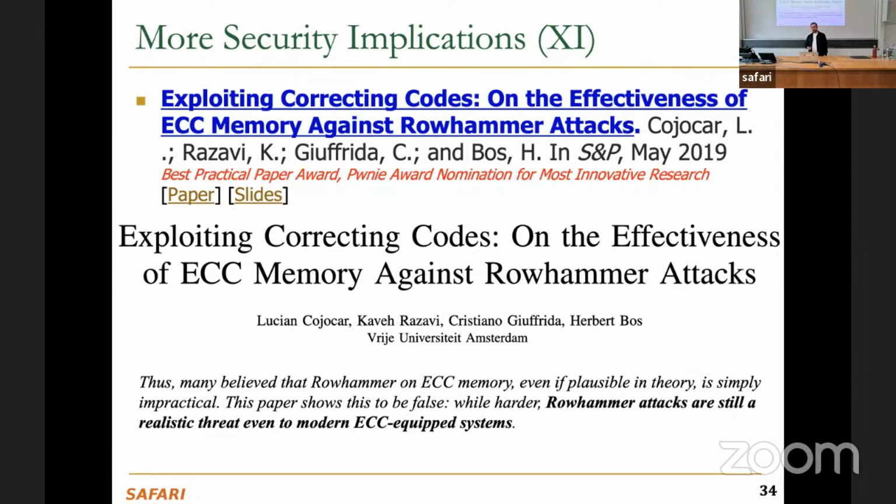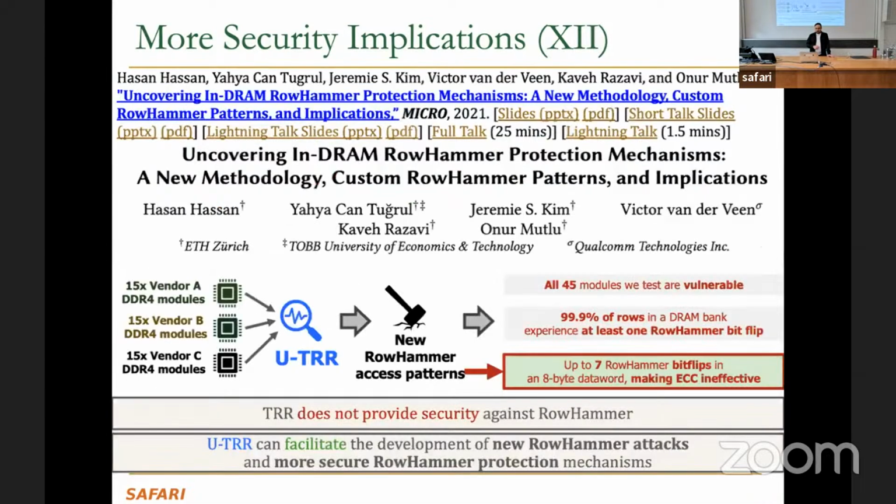Actually, in an ECC protected system, you can reverse engineer the ECC. You can guide the bit flip locations in your DRAM cells in a way that you can actually cause silent data corruptions. Silent data corruption means that your ECC does not even know that there's a bit flip there.